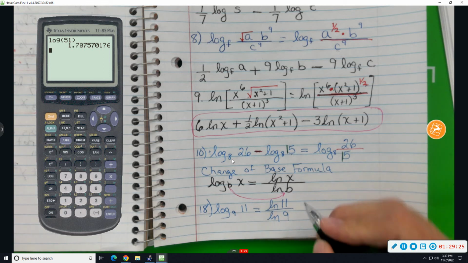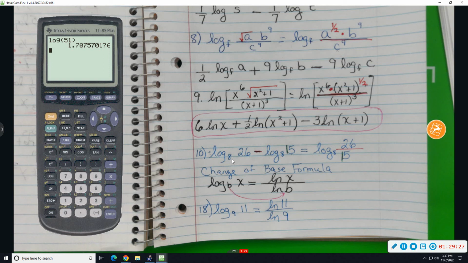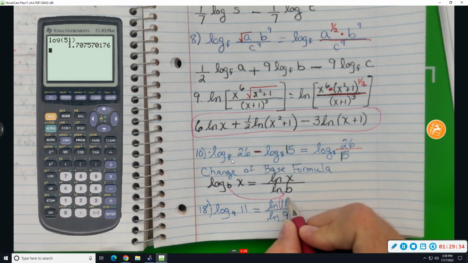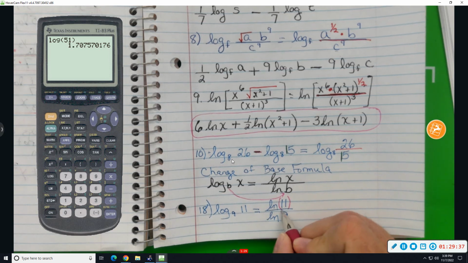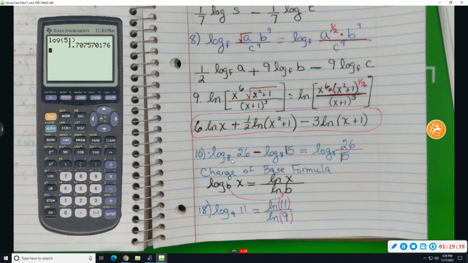On my calculator, when I hit ln, it opens the parentheses, so you're going to need to close them. ln 11, close the parentheses, divided by ln 9, close the parentheses.